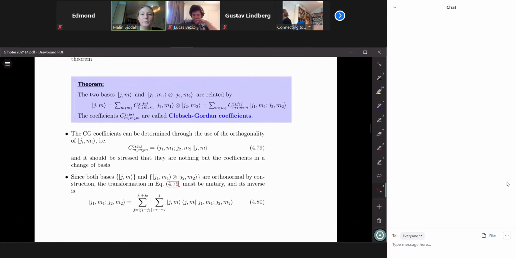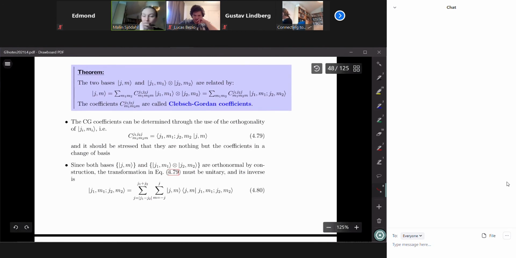And since we require both these bases to be orthogonal, both the direct product basis and the direct sum representation, they should have orthogonal bases. So we can actually find the coefficients by calculating a scalar product.